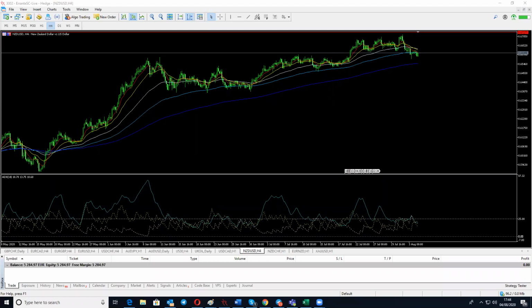GMT plus 3. And let me just check South Africa time. It's 4:44 now, 1 hour behind us. So you'd be at 2 o'clock your time there.